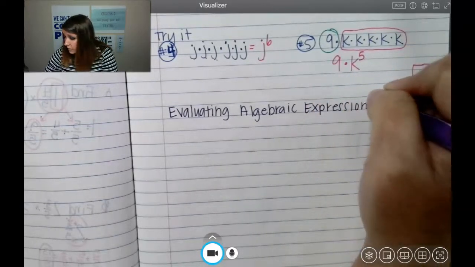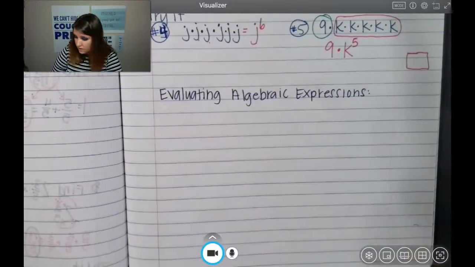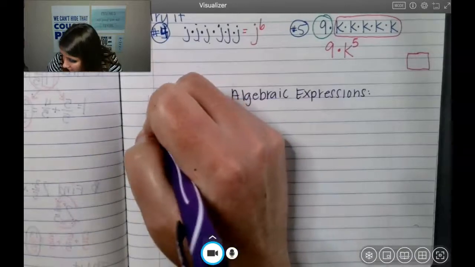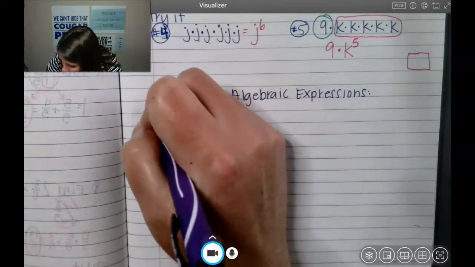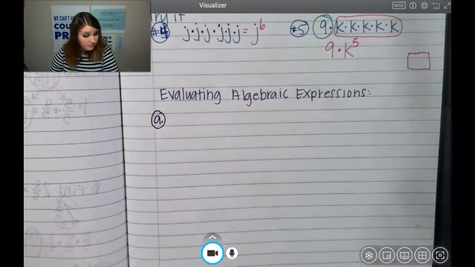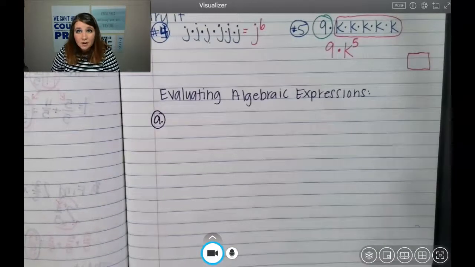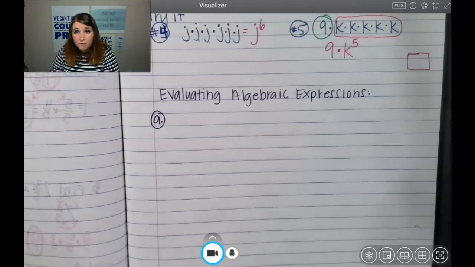So we're going to be solving algebraic expressions. All right, so we're going to be looking at how to solve algebraic expressions. Now, we are going to have some craziness happen, and I want you to go slow and steady right now, because this is where the alphabet gets involved, and I don't want you freaking out that we now have the alphabet in our expressions.